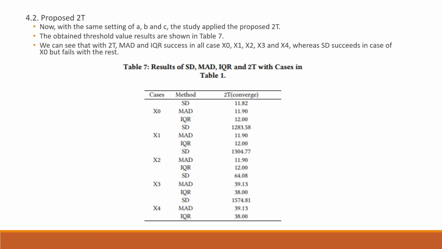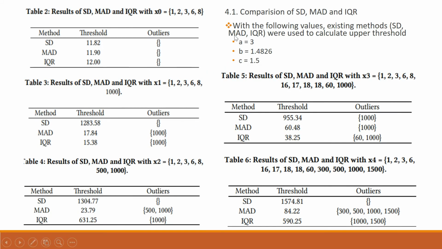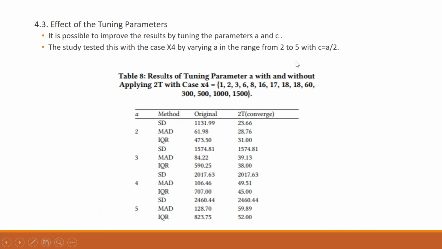We had A equals 3, B equals 1.4826, C equals 1.5. But now we will change A from 2 to 5 and we will put C equals A by 2. And we will calculate thresholds for X4 only, where SD had failed initially.